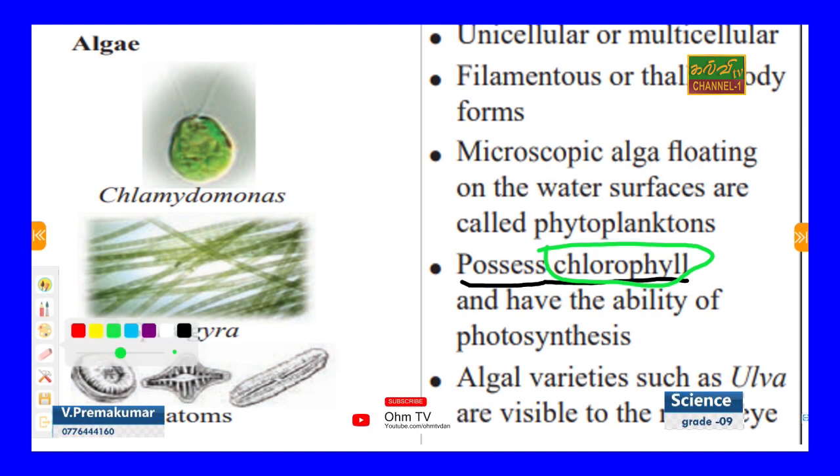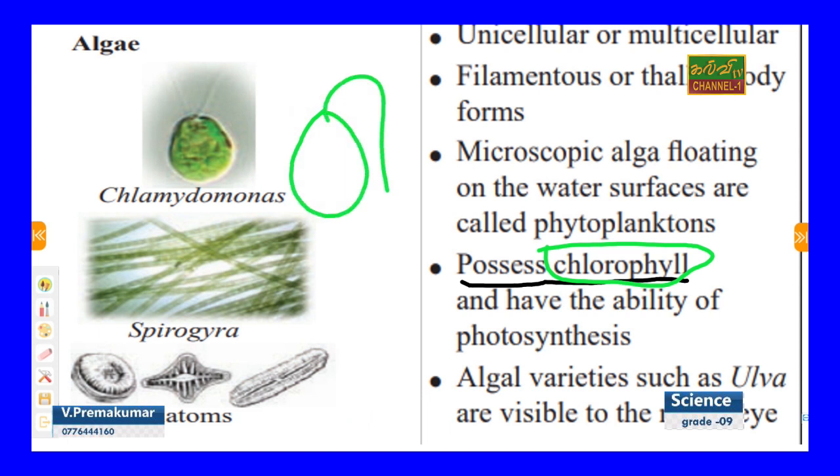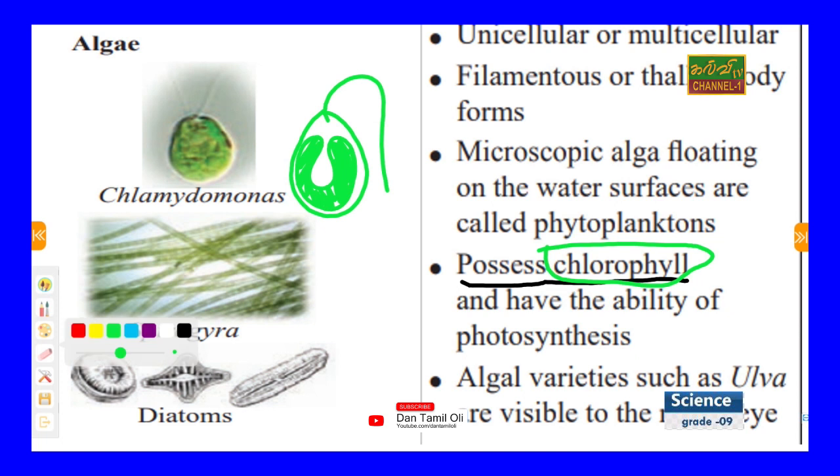Example, here this is green color pigment, chlorophyll. I have drawn Chlamydomonas here. Inside we find the nucleus.